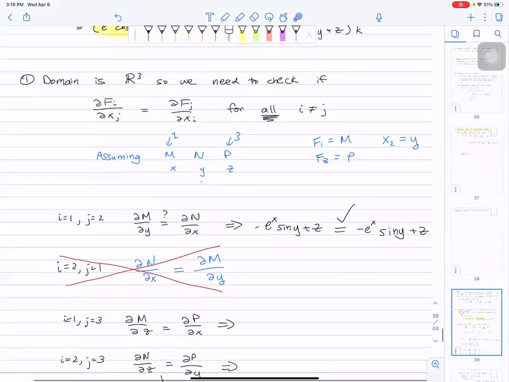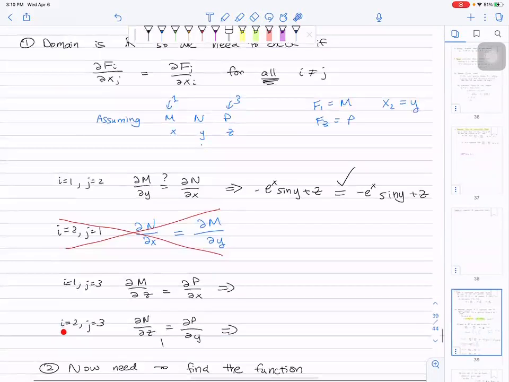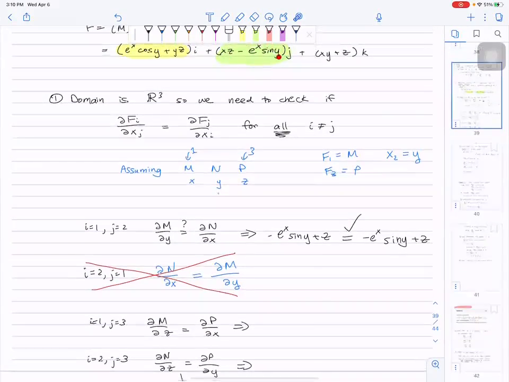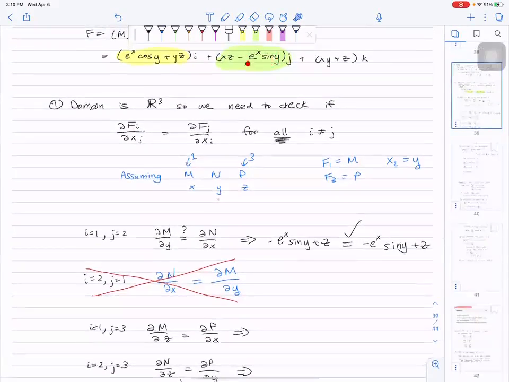What is the next thing we have to check? i equals 1, j equals 3. We also should check i equals 2, j equals 3. So there's 3 things we have to check: 1, 2, 3. So what would M with respect to z give us? That's the partial of the green thing with respect to z, which gives us, well, there's only one z thing here, which is x.